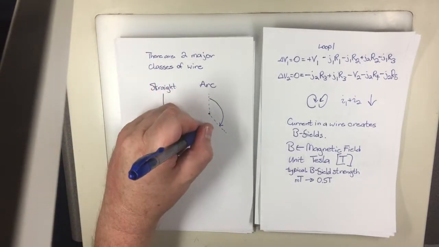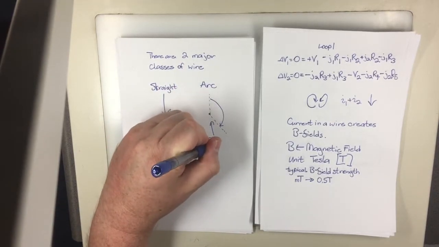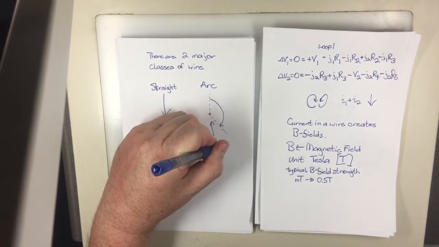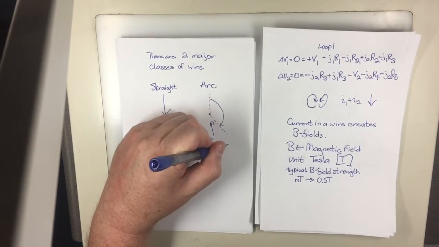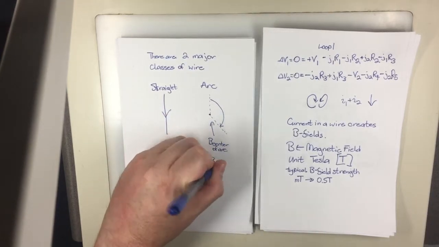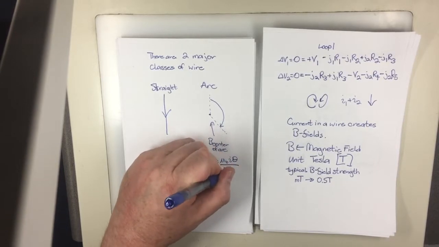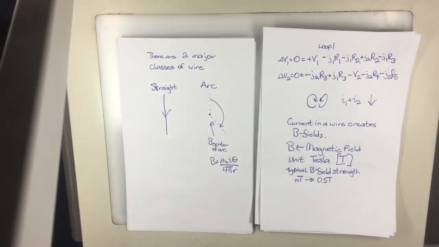With an arc, the only easily measured point in the system is the B field at the center of the arc. And the B field at the center is mu naught I theta over 4 pi r.